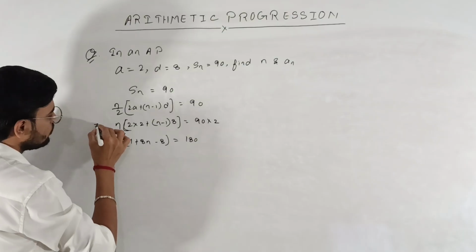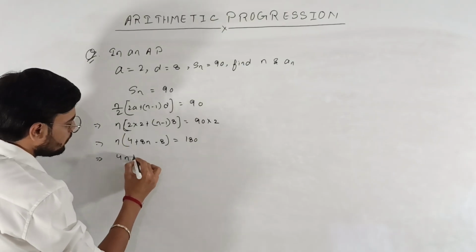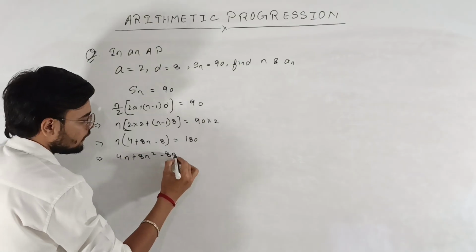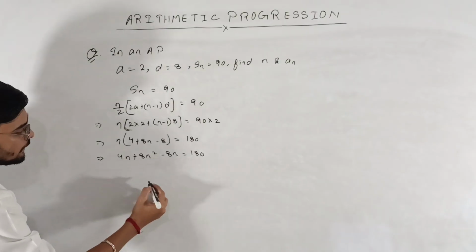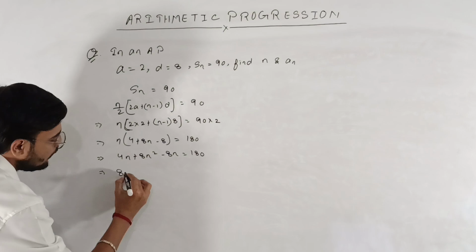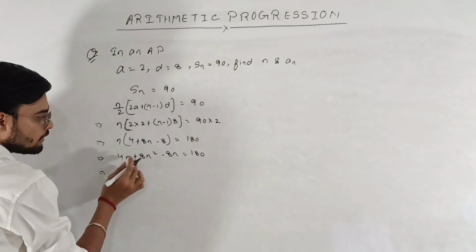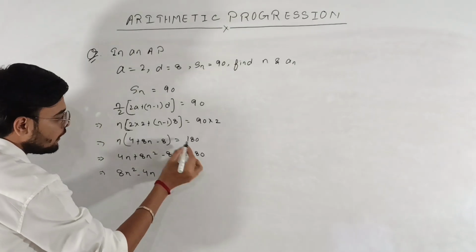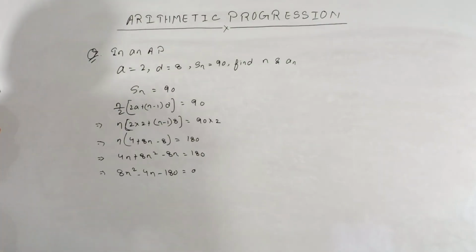So from here we have 4n plus 8n square minus 8n is equal to 180. Now this is 8n square minus 8n plus 4n, which is minus 4n. This 180 goes to this side and becomes minus 180 equal to 0.